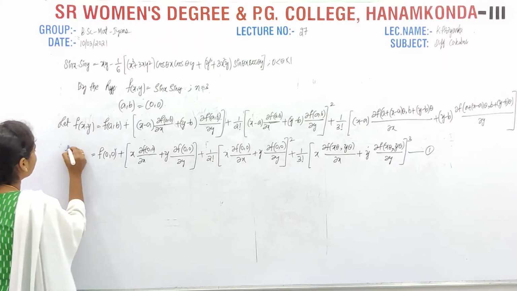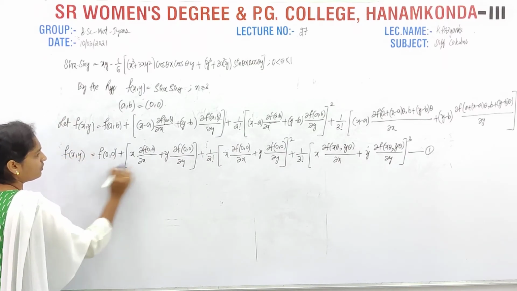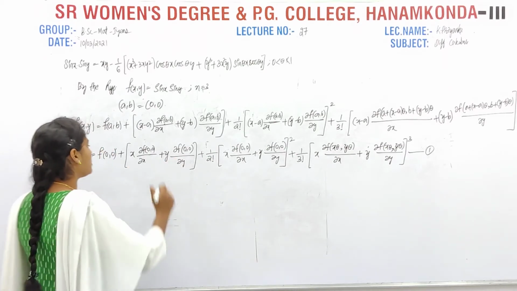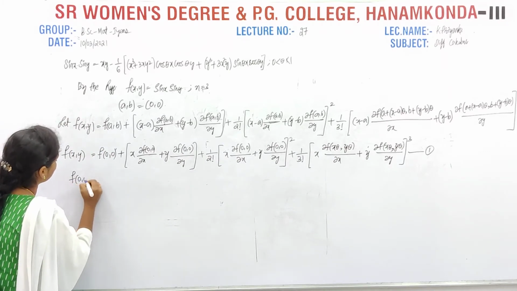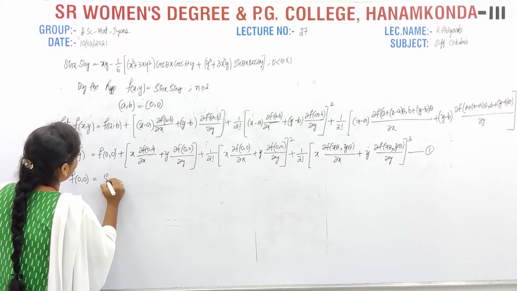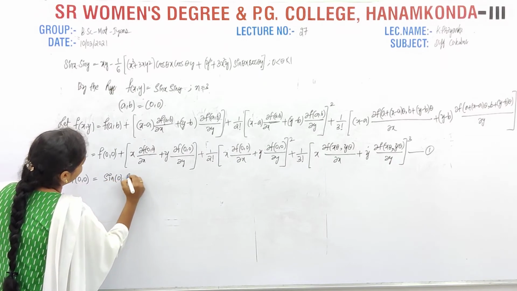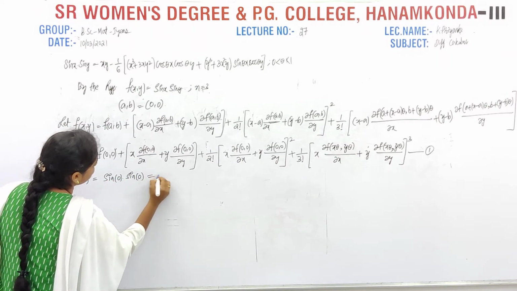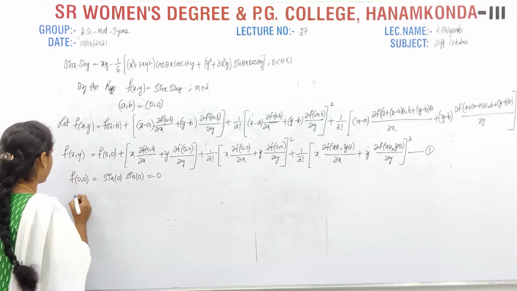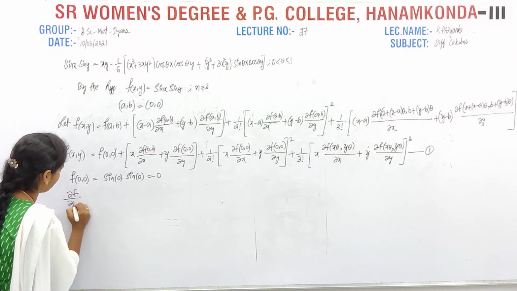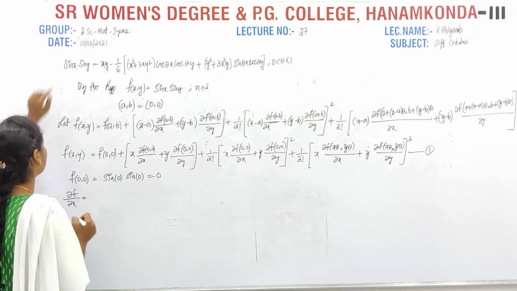Now here I have to calculate each and every value of this equation number 1. Firstly I am going to calculate f of 0 comma 0. That means sine 0 into sine 0, which is equal to 0. Next, dou f by dou x. What is the value of dou f by dou x?